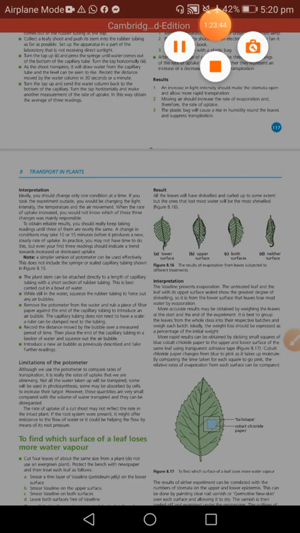Instead, the end walls are joined to form a structure like a net through which food substances can move, and these net-like structures are called sieve plates.